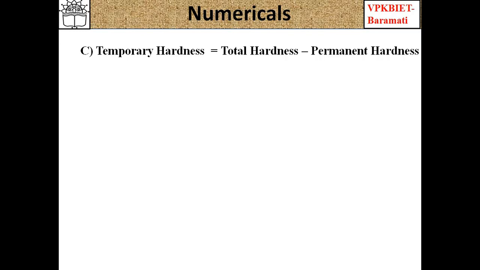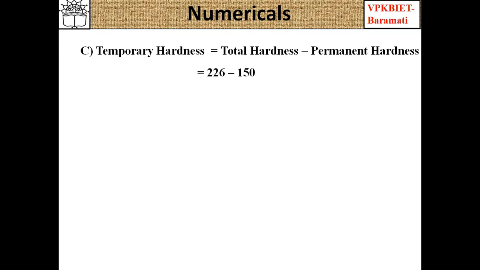Now we have to calculate the third case, the temporary hardness. The formula is very simple: temporary hardness is equal to total hardness minus permanent hardness. We already know the total hardness and the permanent hardness. If we subtract the permanent hardness from the total hardness, we get the temporary hardness.